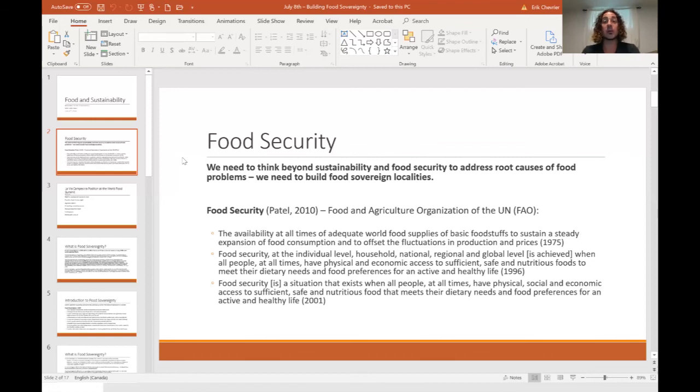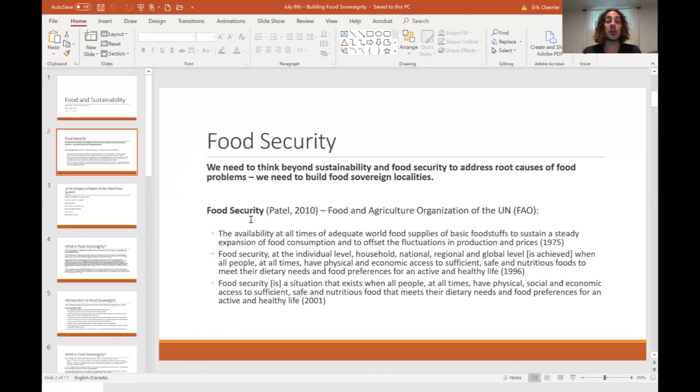Therefore, what is being advocated is that in order to have food security, nations need to be able to control their own food supplies and food production, and not just get cheap commodities dumped into their economies. The discussion around food security has been going on for quite a long time. The UN has looked at definitions of food security and how to make the world more food secure by providing access to food.